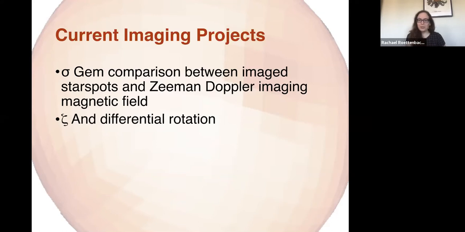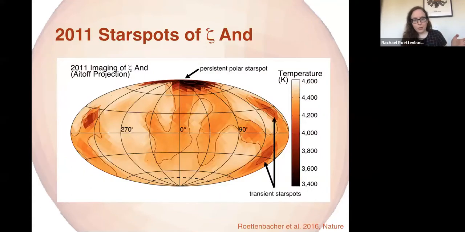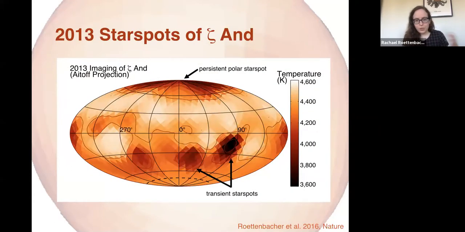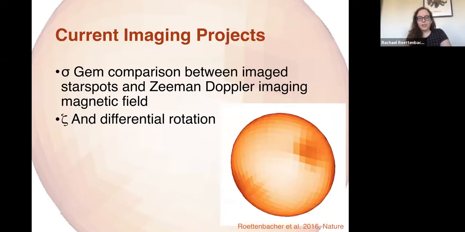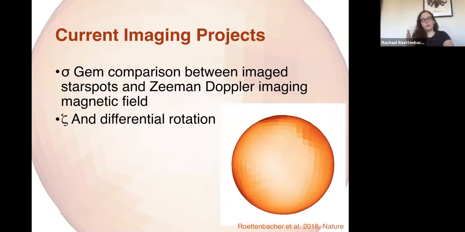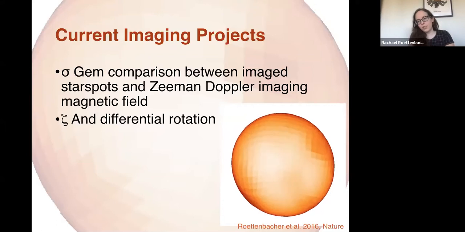I'm also looking at Zeta Andromedae. This was the one with the polar spot. We have observations from 2011 and 2013 where we saw big changes in the spot structures as well as this polar spot. And the idea is to do the first study of differential rotation with interferometric observations.